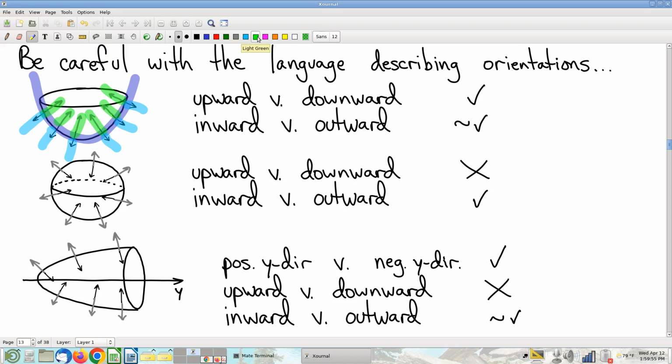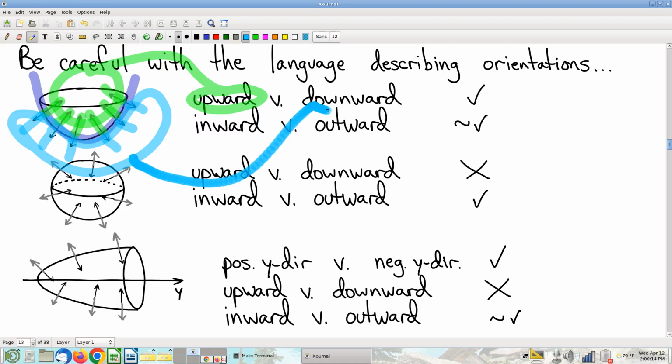So how would I describe these green vectors? Well, they all point at least somewhat upward. They don't point exactly upward, but they all point at least somewhat upward. None of them point even slightly downward. Whereas by contrast, these blue vectors all point at least somewhat downward.